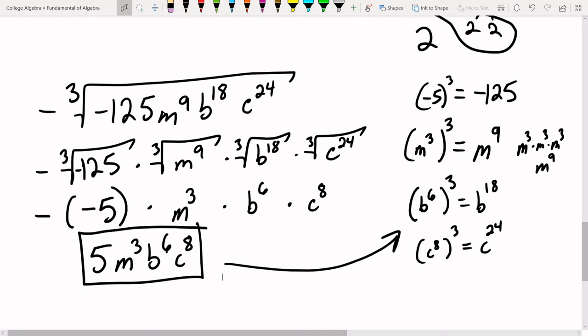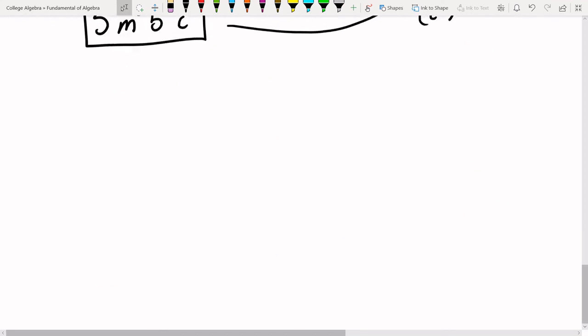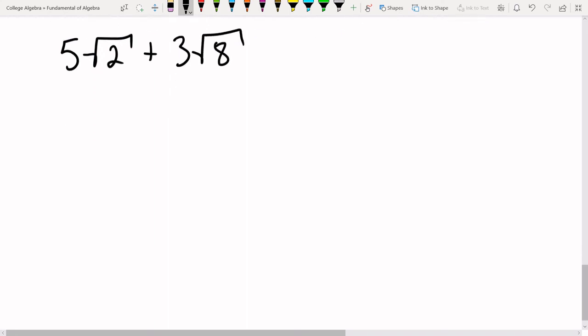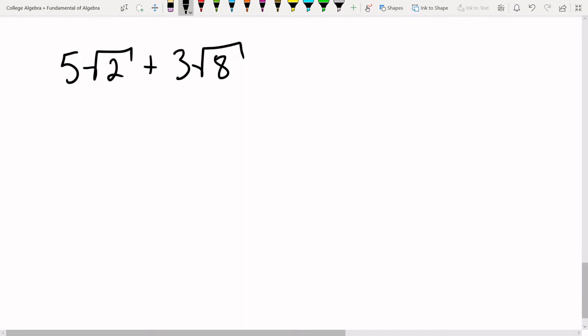Now that we've talked about simplifying radicals, we can talk about combining them as like terms. So for instance, let's look at the problem 5 root 2 plus 3 root 8. There's really nothing I like when you look at these two things right off the bat.